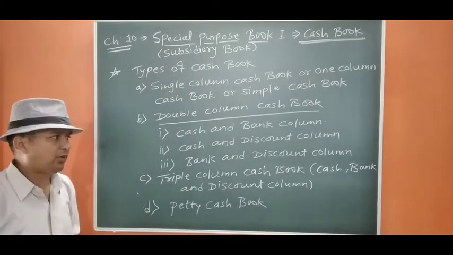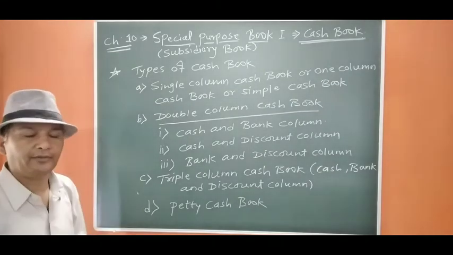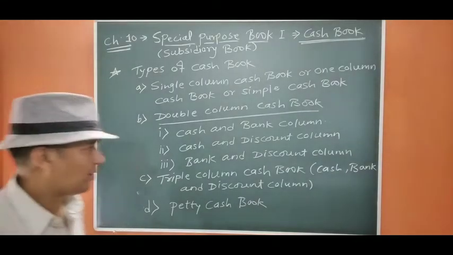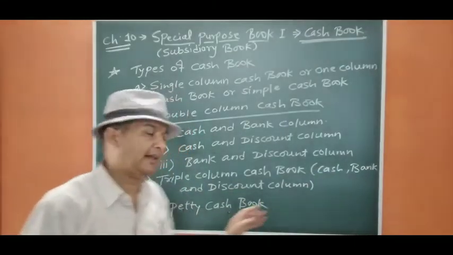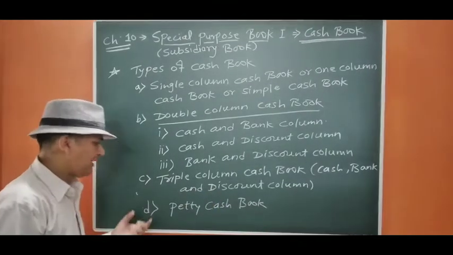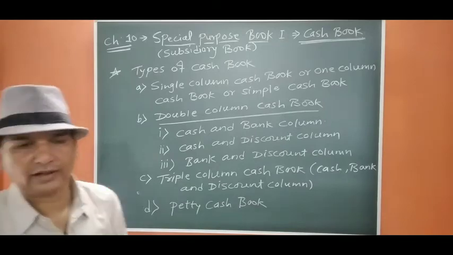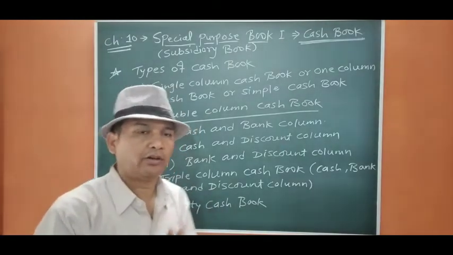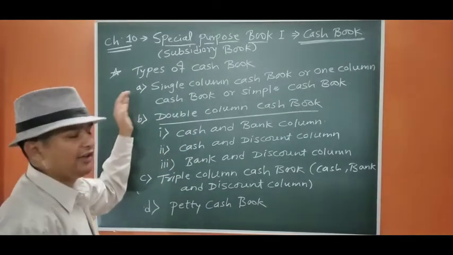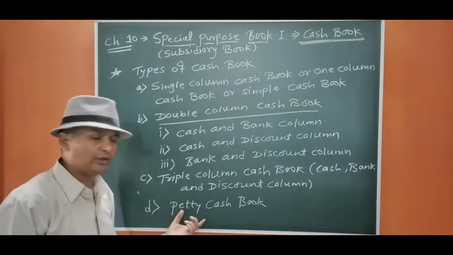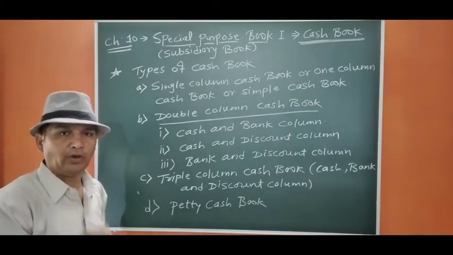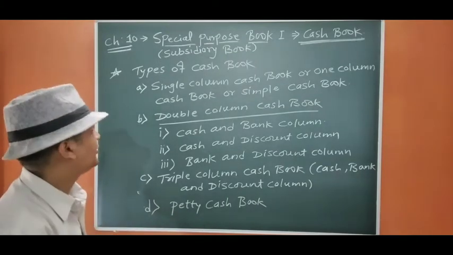Third is the triple column cash book, where we prepare three separate columns for cash, bank and discount. And the next one is the petty cash book, in which we record small transactions which are not recorded in the main cash book. So the petty cash book is prepared for small cash transactions.